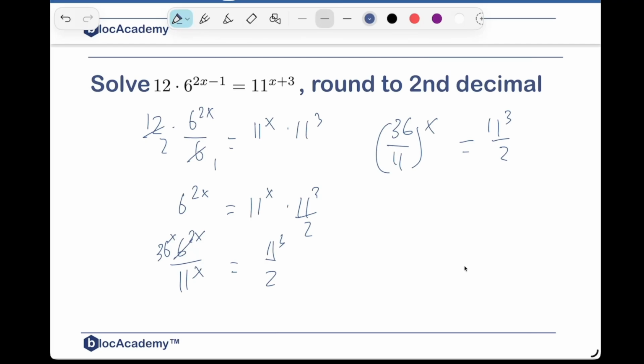And now we can just use our logarithms. Our x will actually be equal to our logarithm. Our base is 36 over 11, and our anti-logarithm is 11 cubed over 2. Now, if we manually enter the calculator for this, it is going to be roughly 5.48.